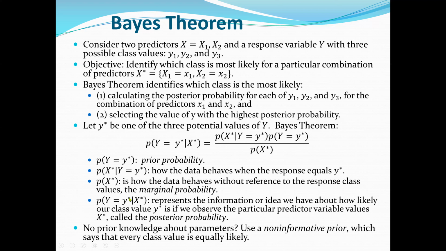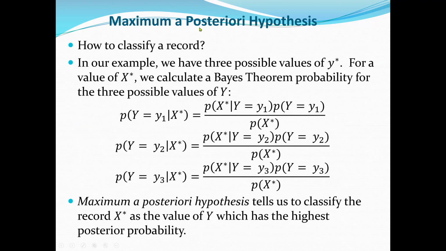So it is the probability of having one of the response variable outputs, Y star, given the combination of predictor variable values. Here there's no prior knowledge about the parameters, so we can use what we call the non-informative prior, which says that every class value is equally likely.